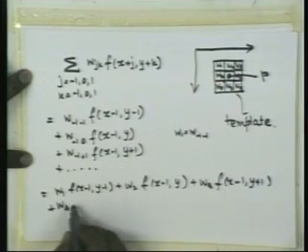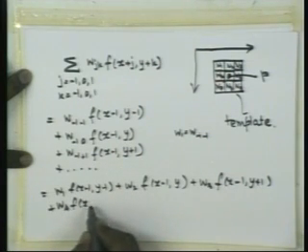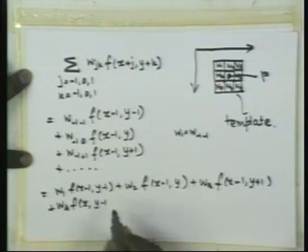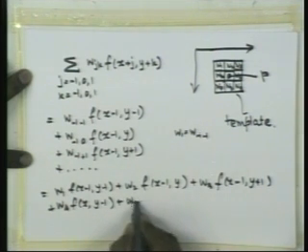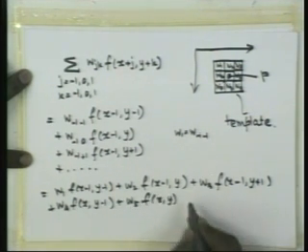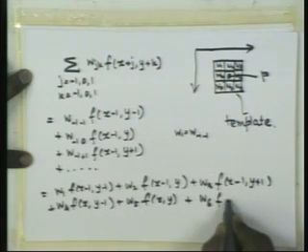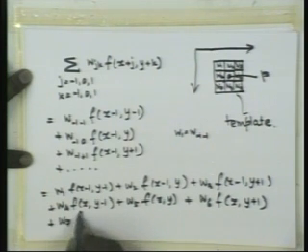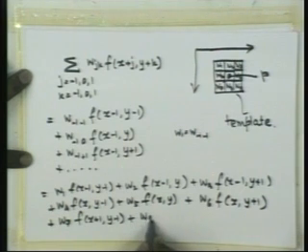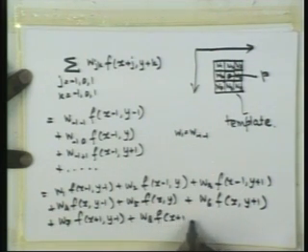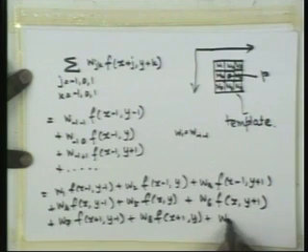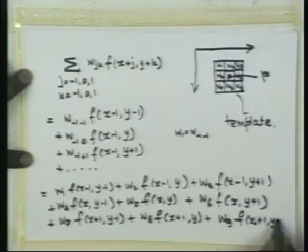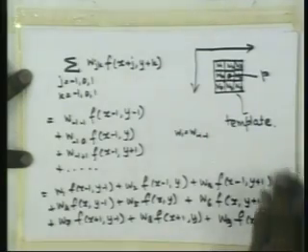W4 I am writing in the same fashion as f(x, y minus 1), plus w5 f(x, y) plus w6 f(x, y plus 1) plus w7 f(x plus 1, y minus 1) plus w8 f(x plus 1, y) plus w9 f(x plus 1, y plus 1). Okay, this is the meaning of a template.